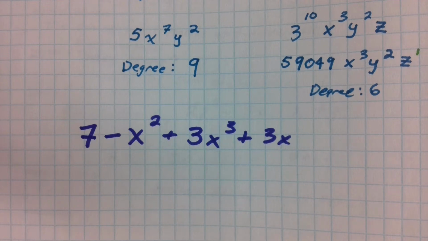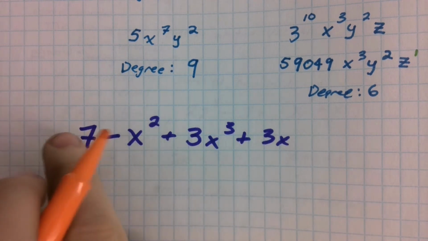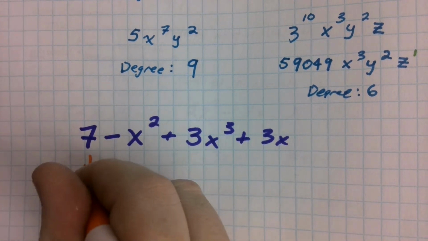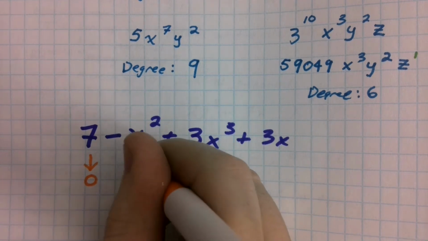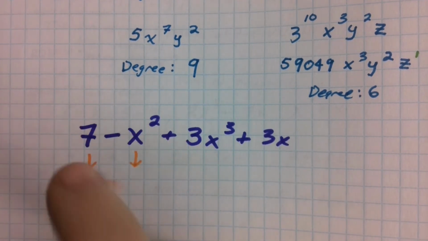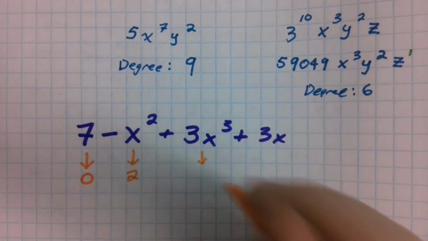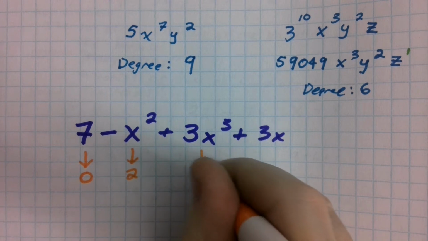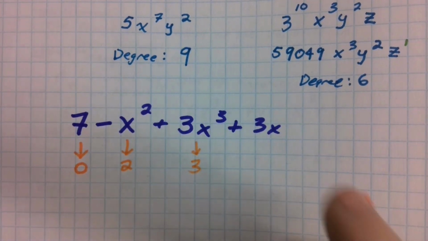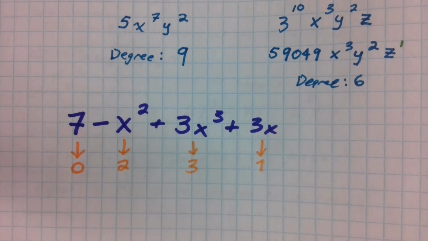So let's find some degrees. What's the degree of this first term? Well, we know that 7 has no variables in it, so its degree is 0. What about x squared? Or I should say negative x squared. It's degree 2, because there are 2 x's. 3x cubed has degree 3, since there are 3 x's being multiplied together. And 3x just has the one lonely x.